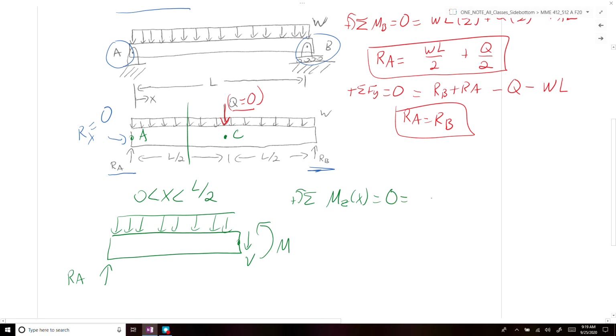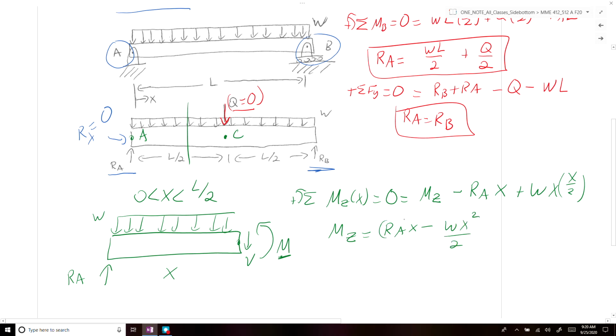We'll end up getting M of Z, which is the moment at the section, minus RA times x plus W times x squared over 2. So M of Z is going to be equal to RA x minus W x squared over 2.